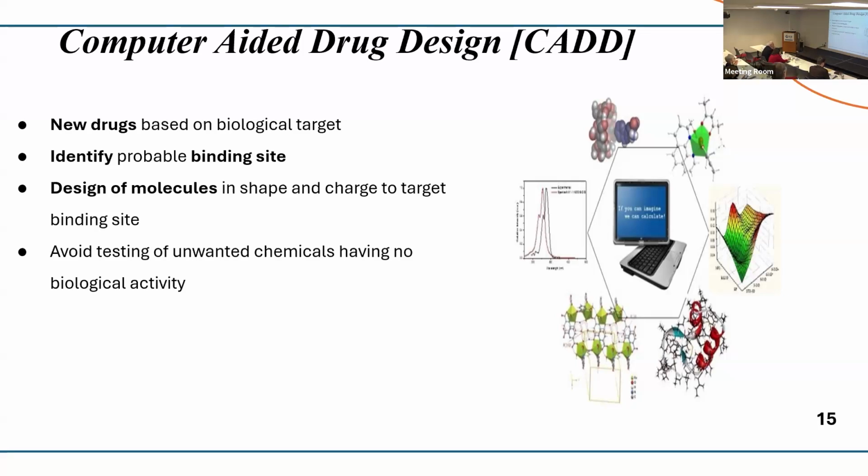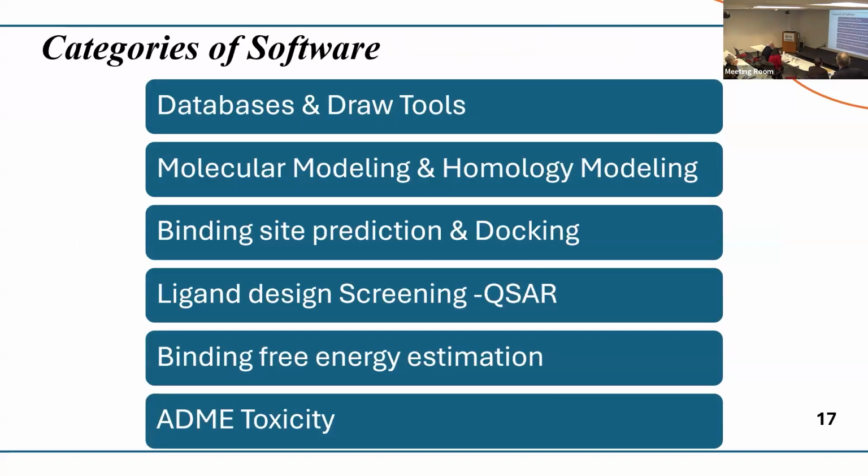But in the drug area, we can use computer-aided design to help us understand binding and ligand interaction between molecular design of the molecules we're making. And then this allows us to avoid testing of unwanted chemicals having no biological activity.